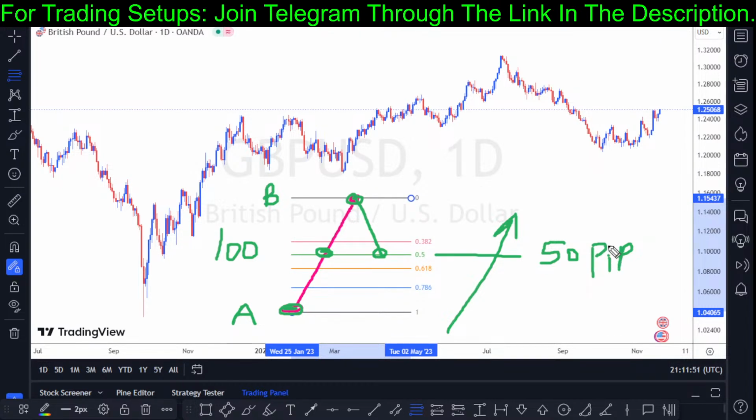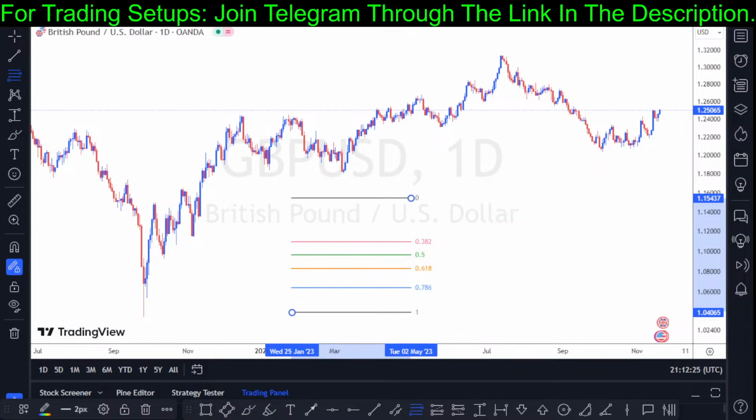And if price should move to the 0.618, it means price has retraced almost 60% or 61% of the initial move from point A to point B. So this is the meaning of this price movement, and that is the meaning of the 0.5 on the Fibonacci retracement level.